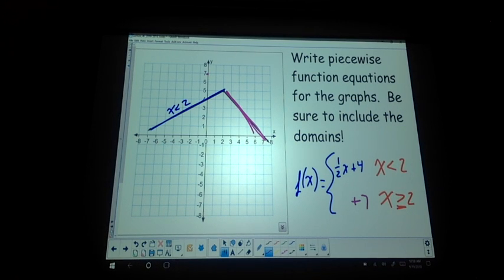And then we have a slope that's down 2, right 2, or down 1, right 1, so I have a slope that is negative x. So here's my equation. Because these were connected at a point, I need to pick either the top restriction or the bottom restriction as the domain to include it. Either way.